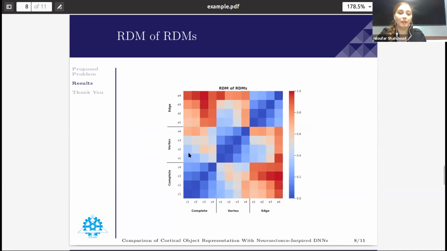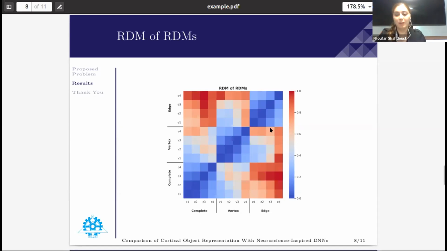I mean, the similarity between the representations of the vertex dataset and the complete dataset is much higher than between the edge dataset and the complete dataset, especially for the first 2 layers.